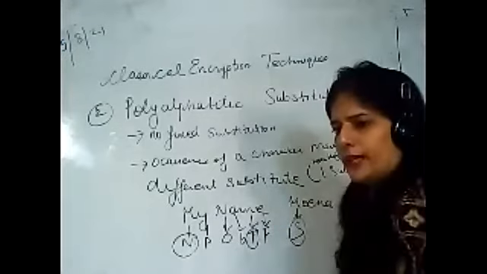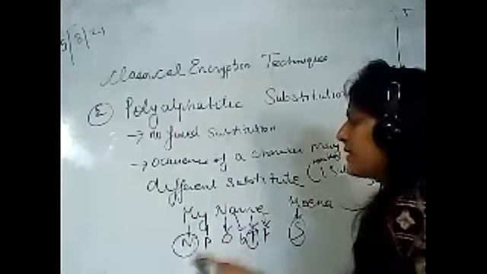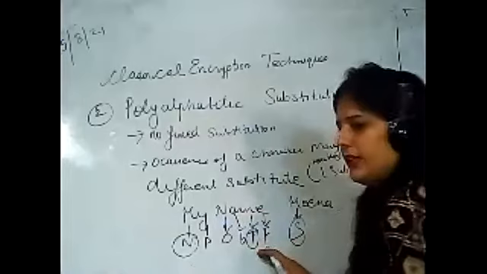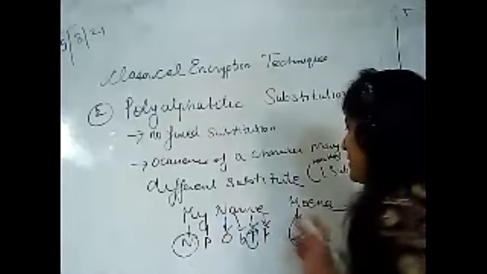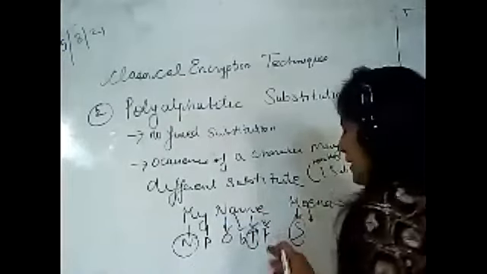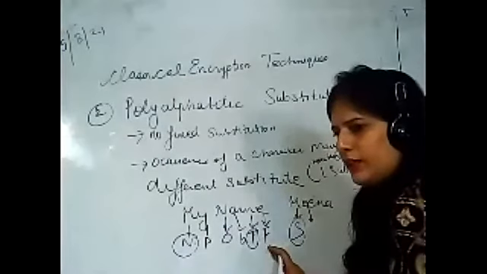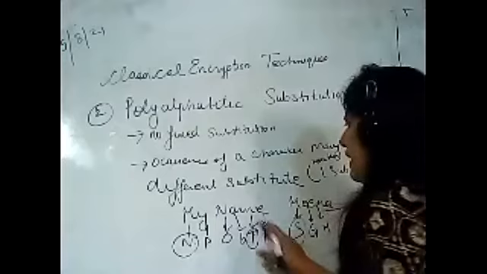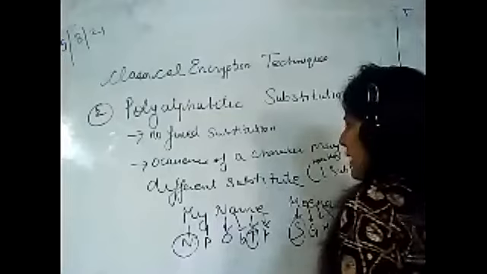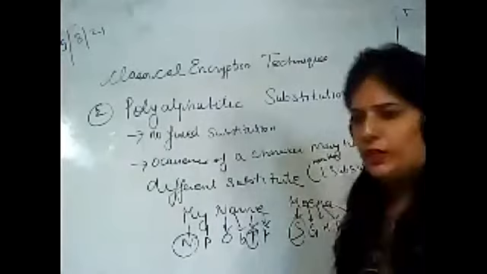One to many. Here I was representing this M with N, here I was representing it with T, and here I am representing it with S. The same goes for E also. If I have represented this particular E with F, now I can write G, I can write H. And for N again we have the same O, but I can change this value to P. And for A also, I can change this value to D. Okay, so no fixed substitution is there. You can use any other character for this.